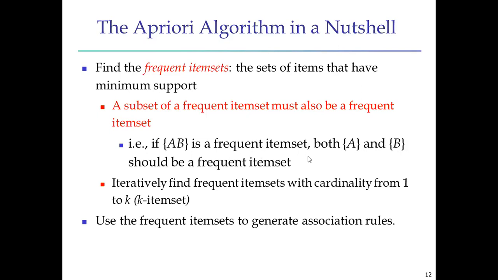That is the a priori property: A comma B is a frequent item set provided both A and B are frequent. So iteratively find frequent item sets with cardinality from 1 to k. Use the frequent item sets to generate the association rules.